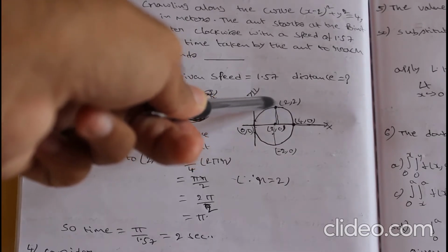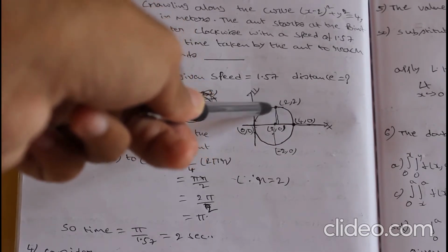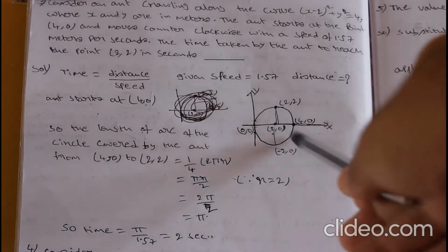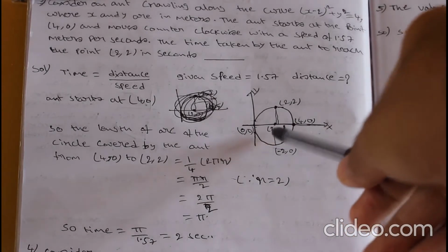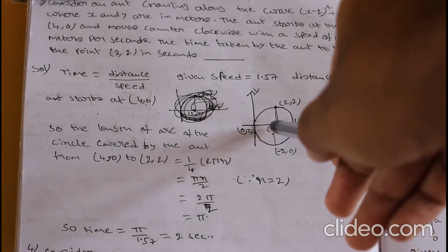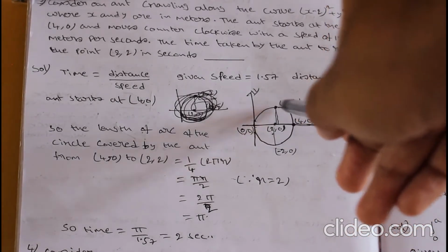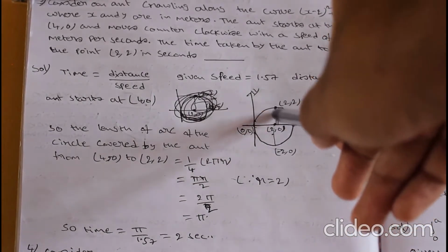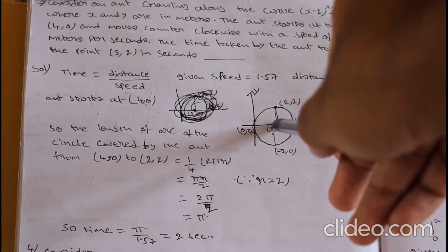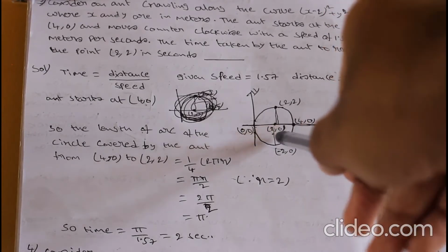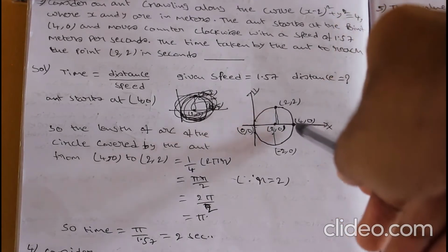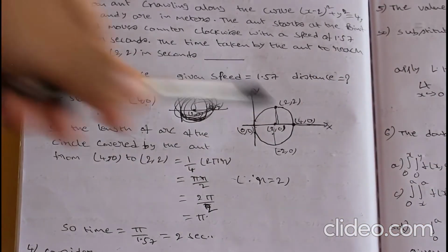If you take the midpoint of (0, 0) to (4, 0), that will be (2, 0). The distance from here to here is the x value 2, and the distance from here to here is clearly 2. So clearly the radius r is equal to 2. With radius r equal to 2, connect these points and make a circle. So this will be the circle you get.